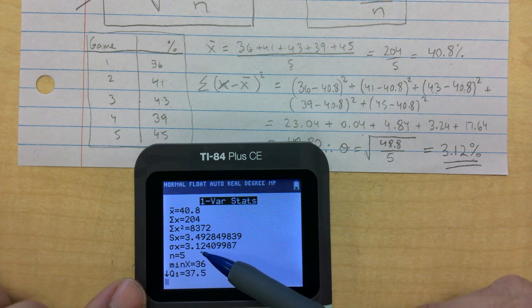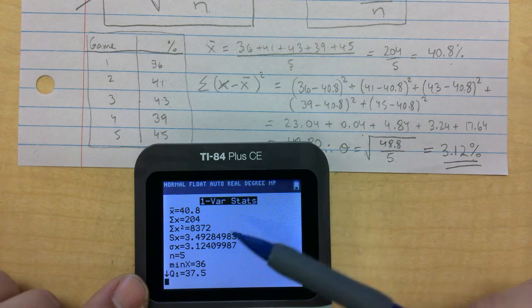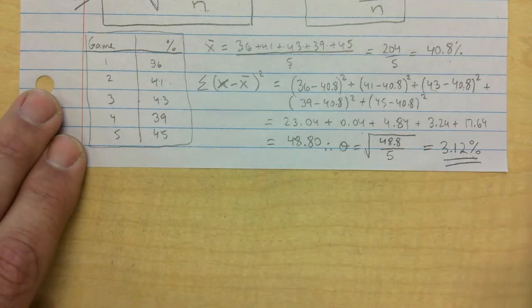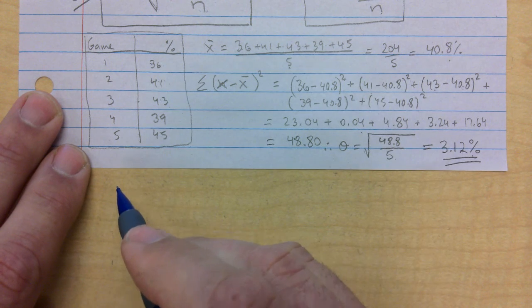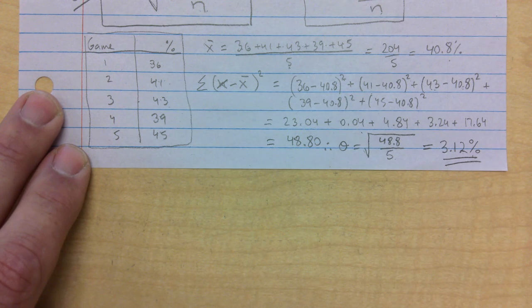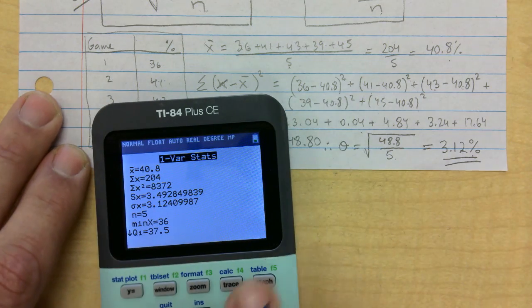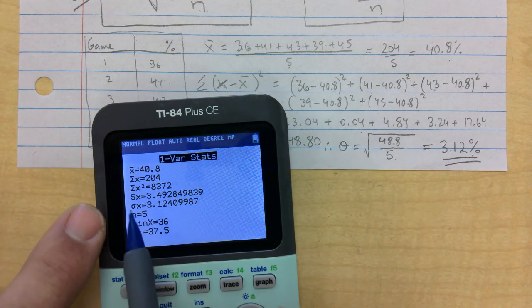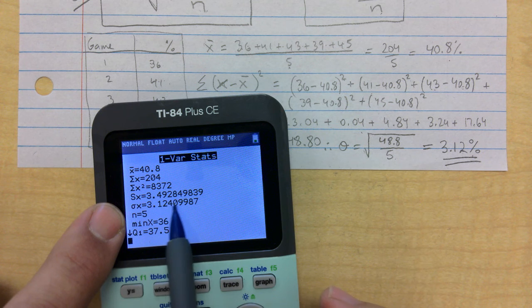I don't know if you're being sarcastic, but there it is, 3.12. So let it be known, moving forward, standard deviation can just be found the way we've done everything so far. It was just hiding there. You had no idea what it stood for, but there it is, right?